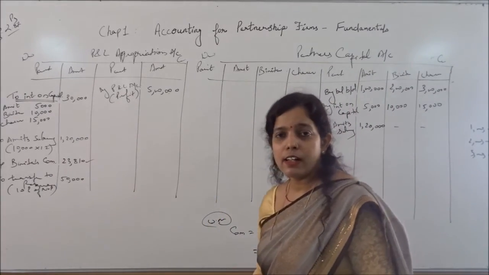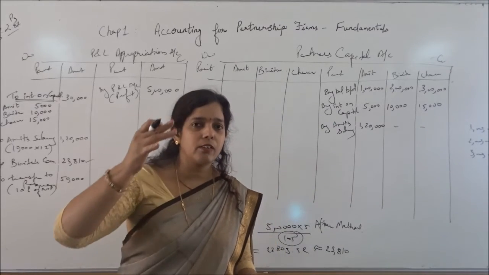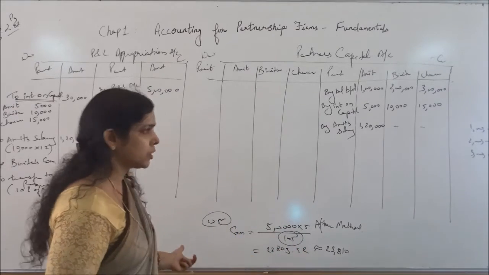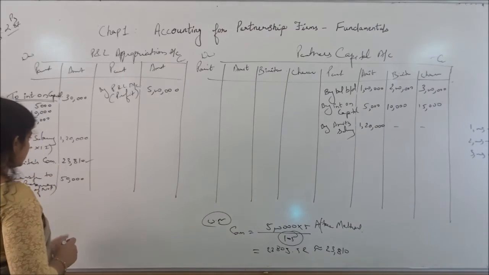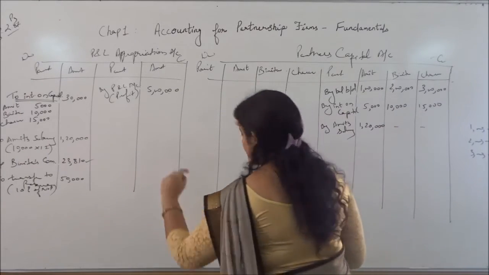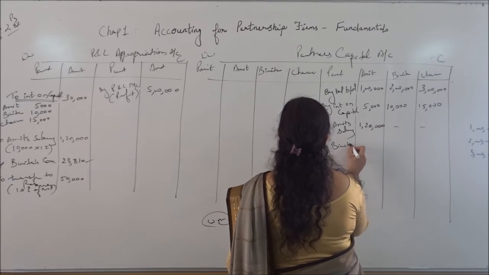That is why I said, read the question carefully, whether it is of NP or of divisible profit. If you are in a hurry, you will not focus on that particular word and you will lose the whole question. So we have transferred here. Similarly, salary we have transferred. Then again, what is remaining? By Binita's commission.